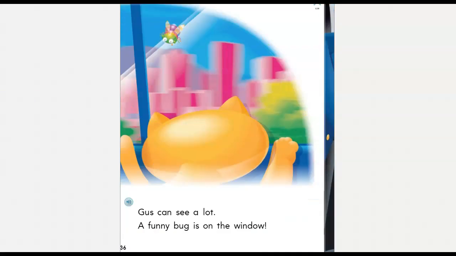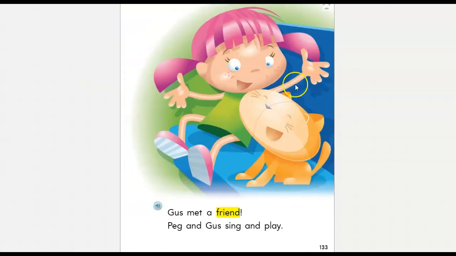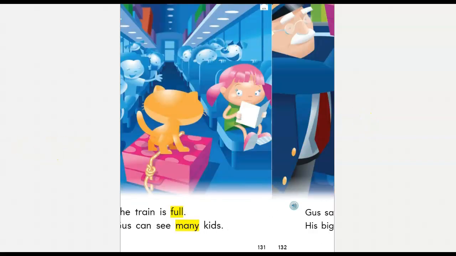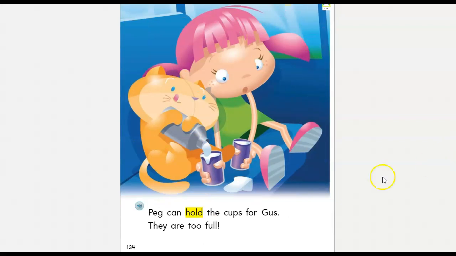Well, we couldn't include all of that information because that would also include what happens at the end of our story. So if we said first, Gus got on the train and found his seat, we could say next, Gus and Peg drank milk.